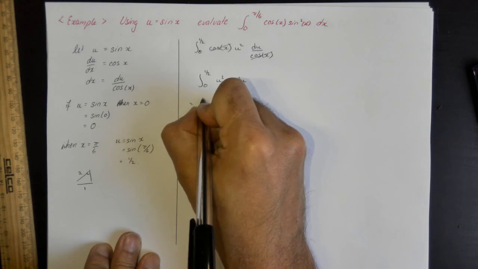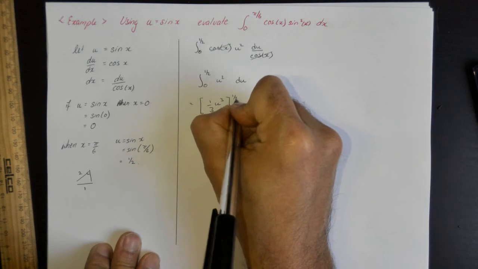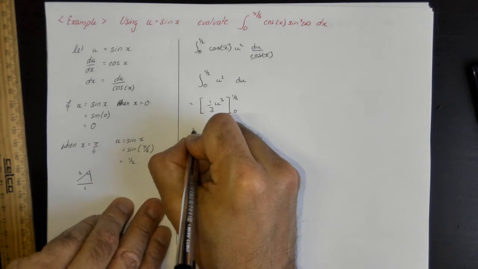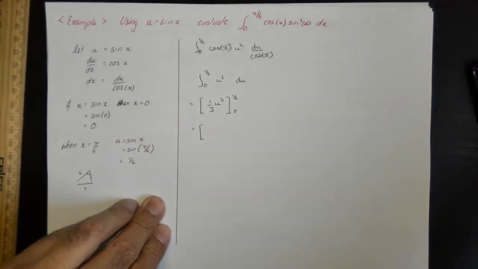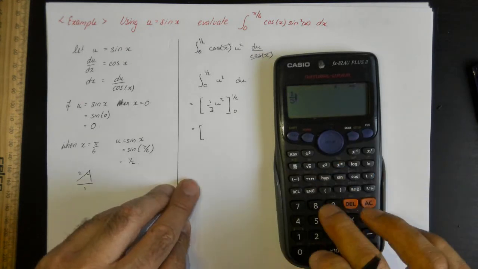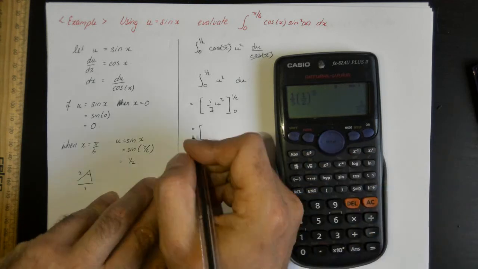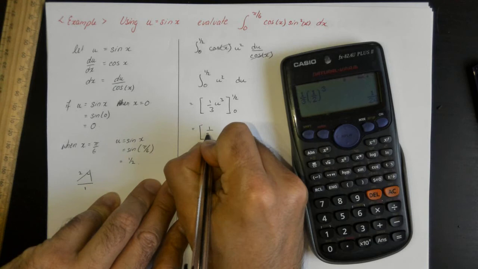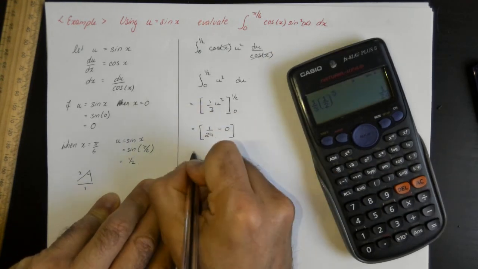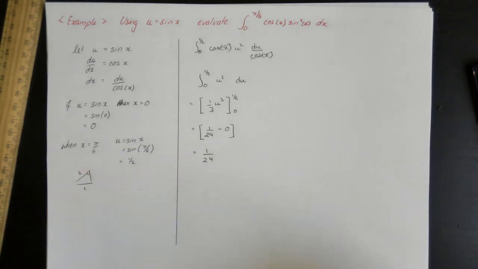So that's going to give us a third u cubed from a half to 0. So a third of a half cubed is 1 on 24, minus 0. So the answer is going to be 1 over 24.